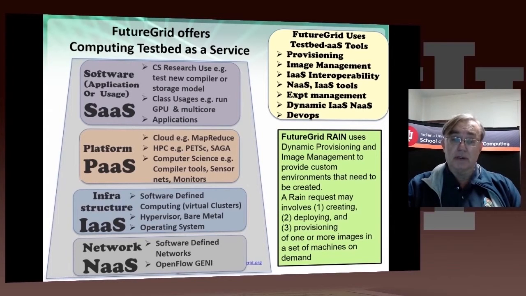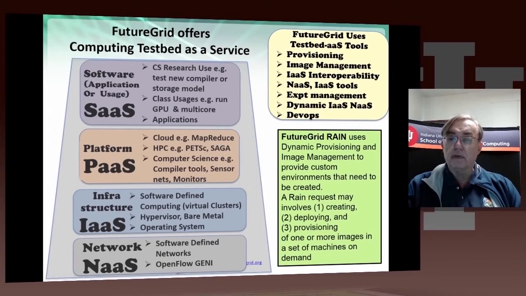And you can also think of computer science tools such as those needed to support compilers or sensor nets as appearing at this level. And then finally, on top of that, of course, we have the actual software as a service. This is where the domain scientists will position what they're trying to use. And it just has all the applications.